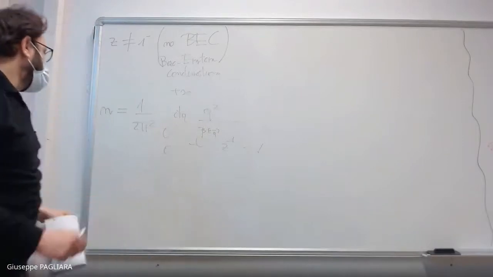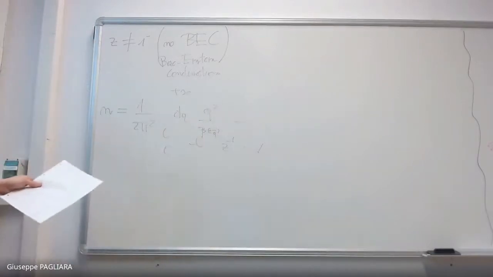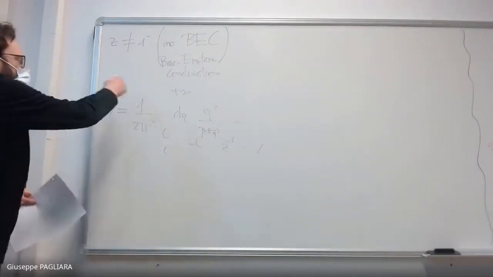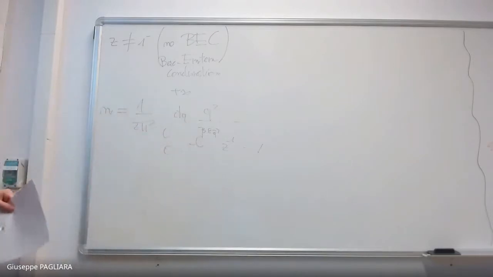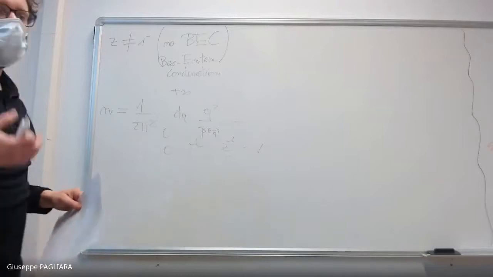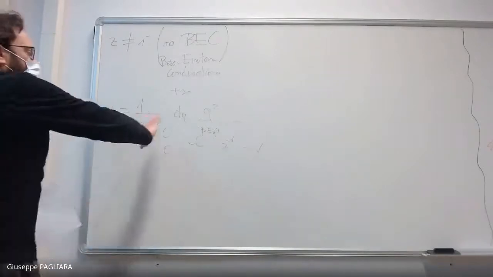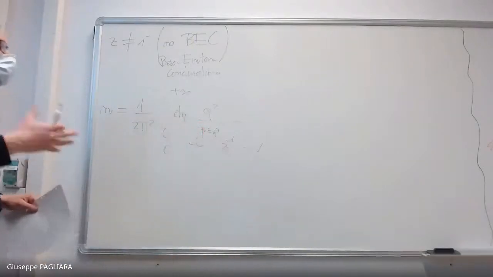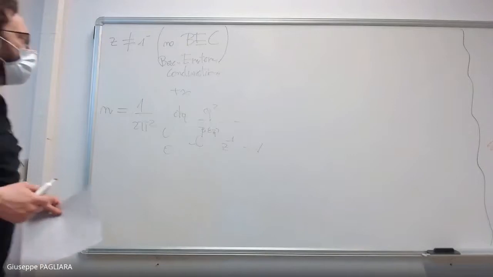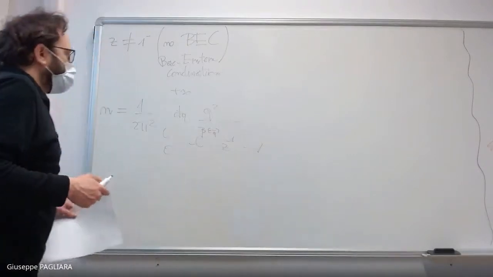Okay. So what I'm going to do is to write this equation in such a way to have on the left-hand side the physical quantity with the dimension of temperature, density, and so on and so forth, and on the right-hand side some mathematical function that will be the Bose function.